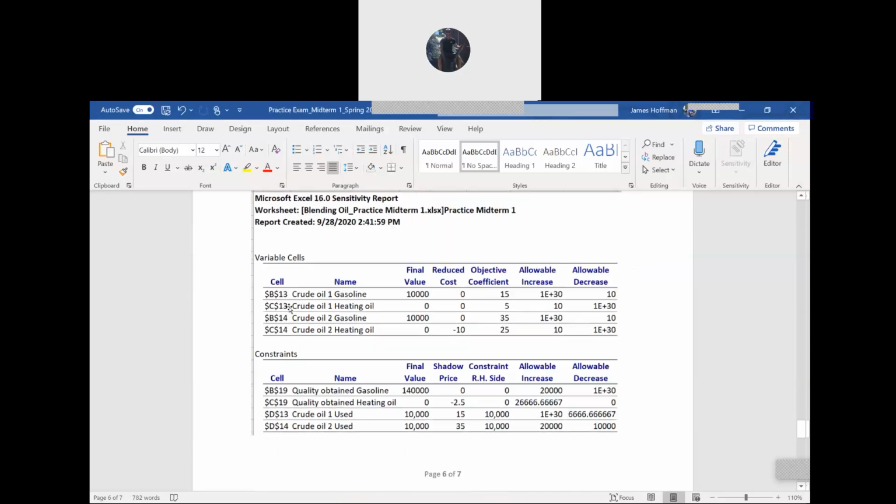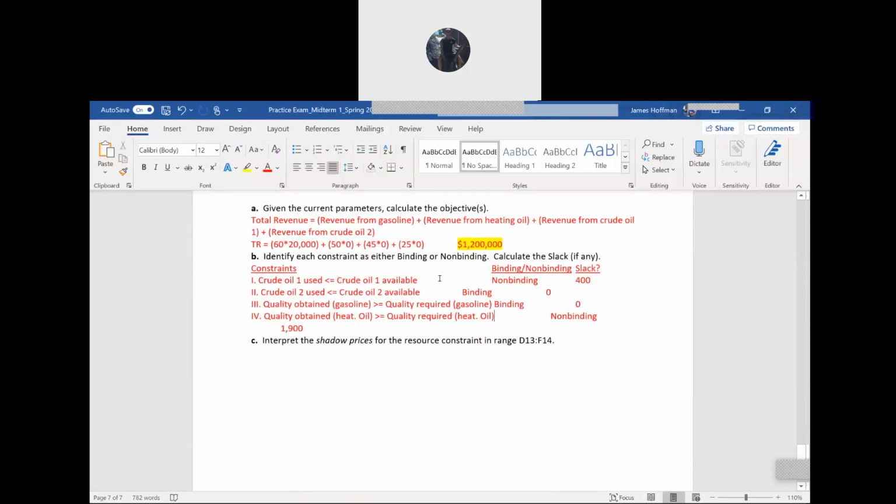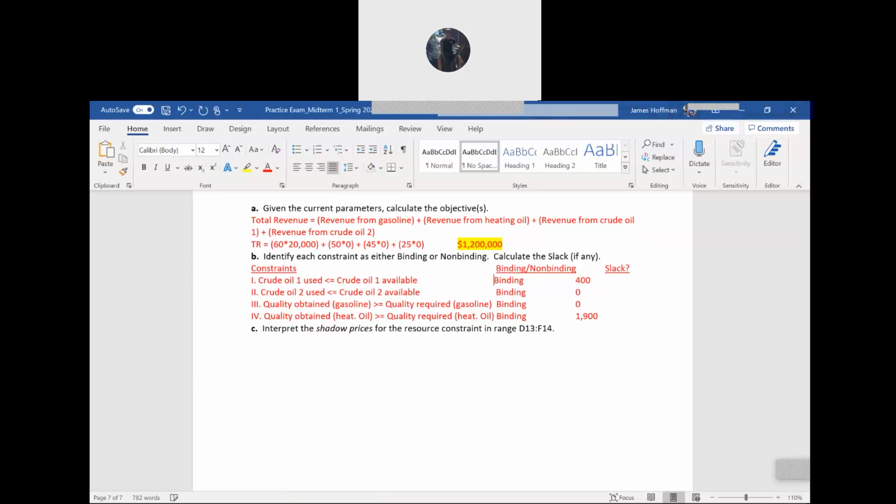Yep. Okay, and if they're all binding, that means that the slack is going to be 0 for all.